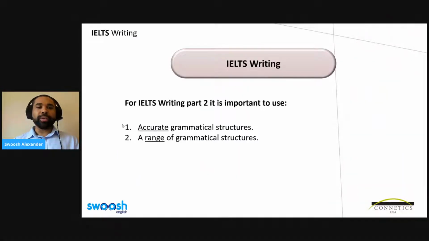So first of all, just to make a point that in order to use tenses effectively, or in order to use grammar more broadly effectively in IELTS writing part 2, you need to be able to use accurate grammatical structures, and you also need to be able to use a range of grammatical structures. So tenses play a big part in that.